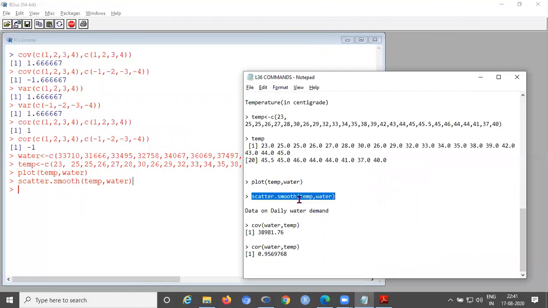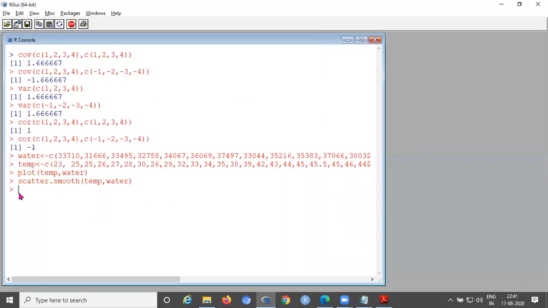Now for the data on daily water demand, you can find the covariance first, covariance of water, temperature. Then you can find the variance also for both. Variance can be obtained for only one vector at a time. So variance of water, then variance of temperature.